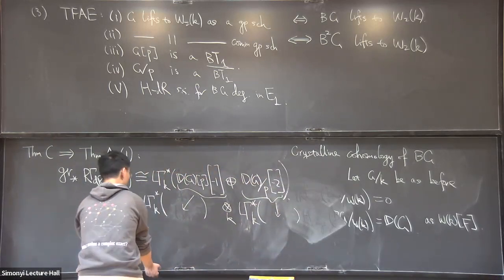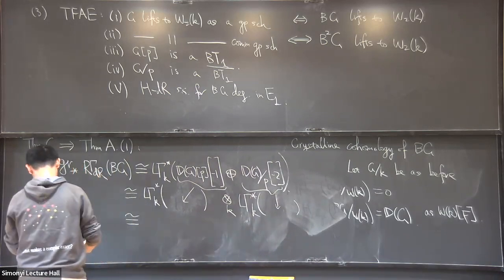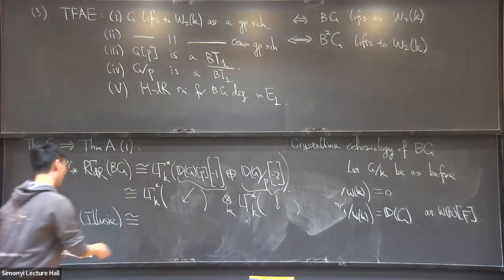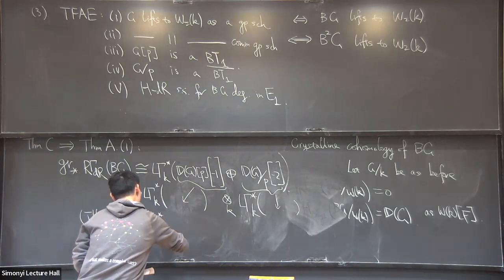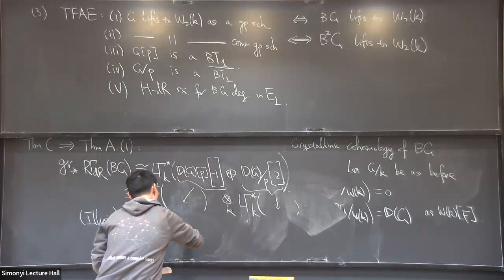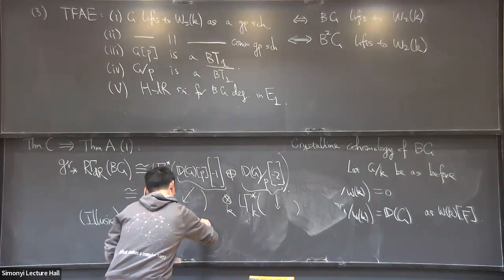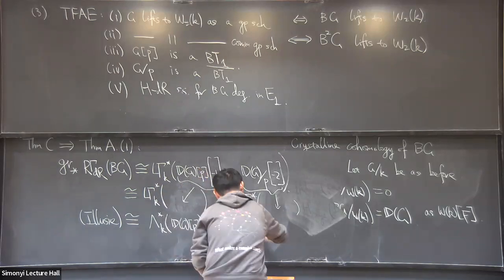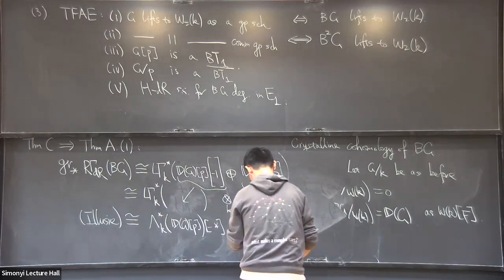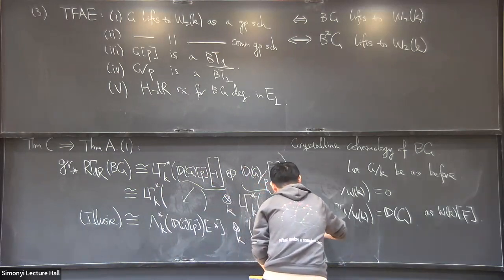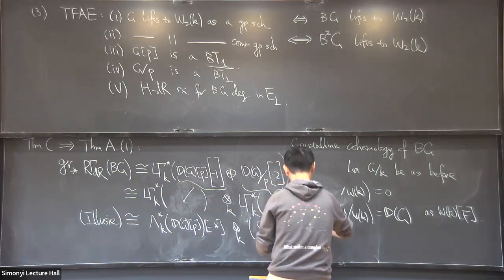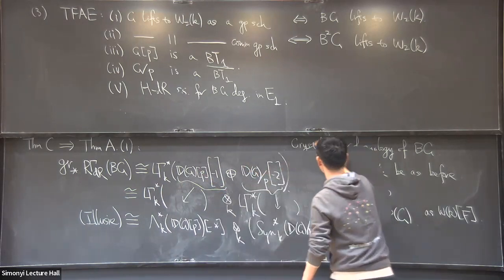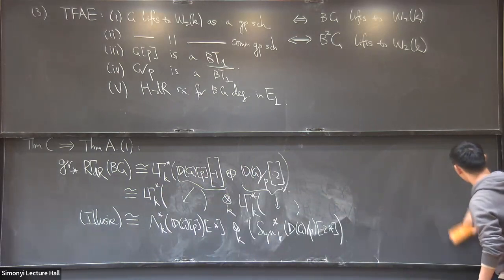So what we learned from Illusie says that what you're going to get is just the exterior algebra on the p-torsion of BG in minus star, tensor over k with the symmetric algebra on BG mod p in minus 2 star. So a priori you'll get some result like this.